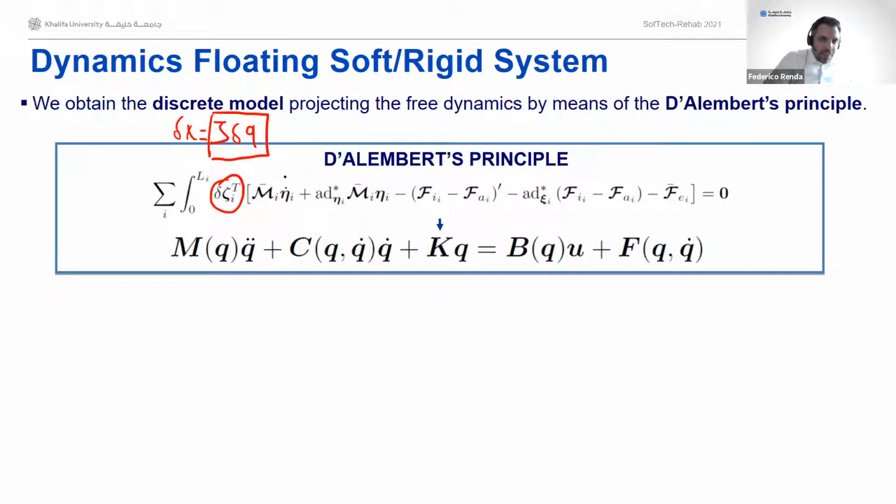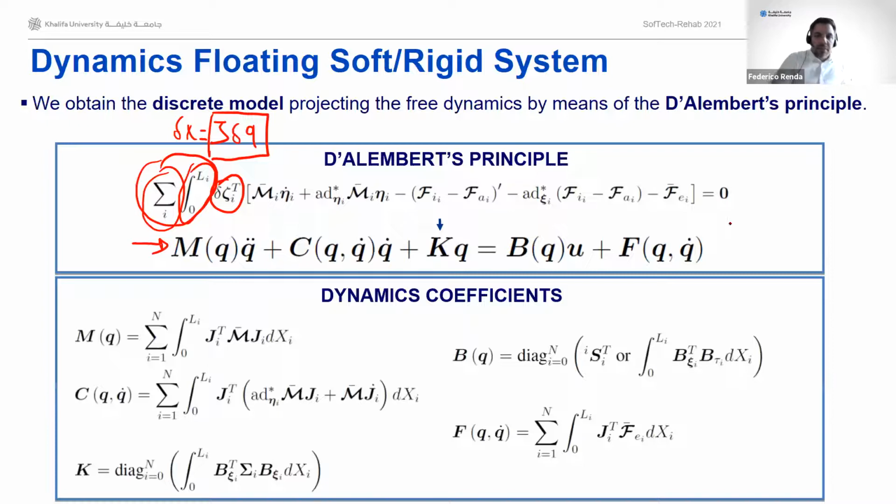So we use the D'Alembert principle, and we sum over all the cross sections and over all the bodies. By doing so, you obtain the standard Lagrangian dynamics model in the standard Lagrangian form. This could also be obtained from the Lagrange equation if you want. It's just a little bit more complicated in my opinion, instead of using the D'Alembert principle, but this is exactly the Lagrange equation that you know, with the mass matrix, Coriolis matrix, stiffness matrix, actuation matrix, and external generalized force vector.